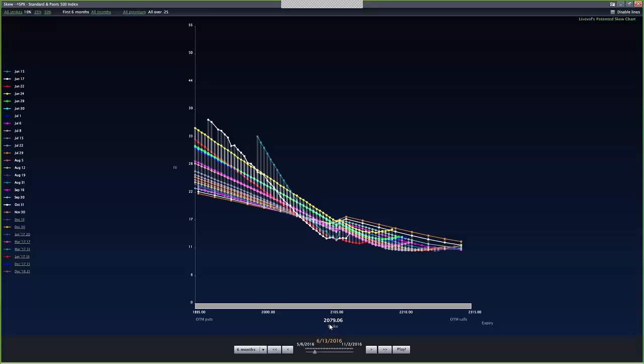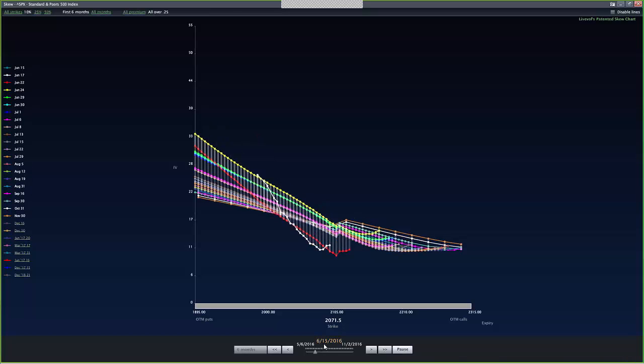Just to reiterate, here's the current price at 20, and you can see where we are. Below the money, you can see the price to the left going down to 18.95, and the price going up to 23.15. If I don't want to keep hitting it day by day, I'm going to hit play, and once it loads up it will play this through day by day.